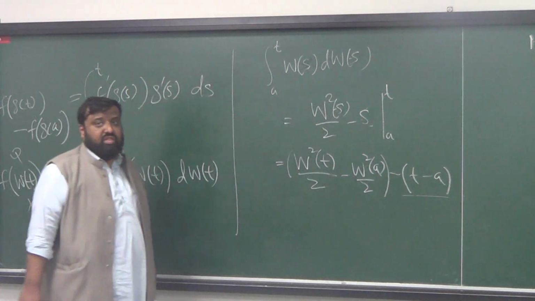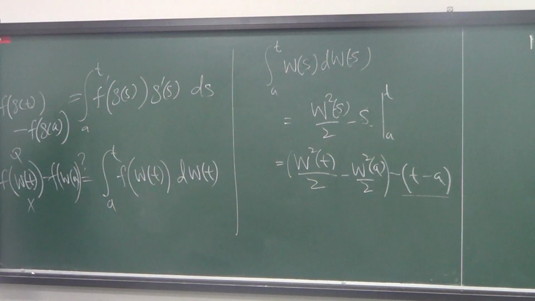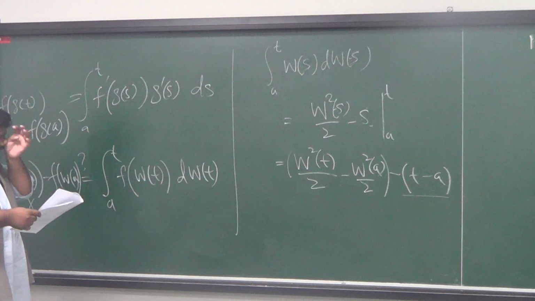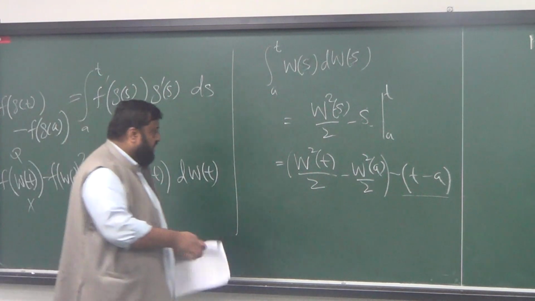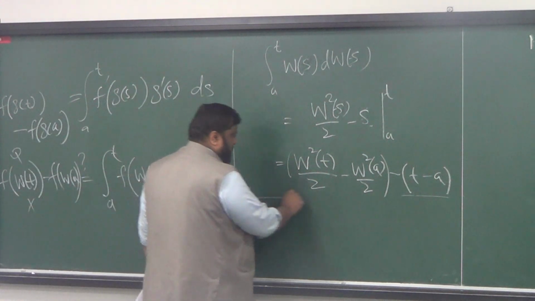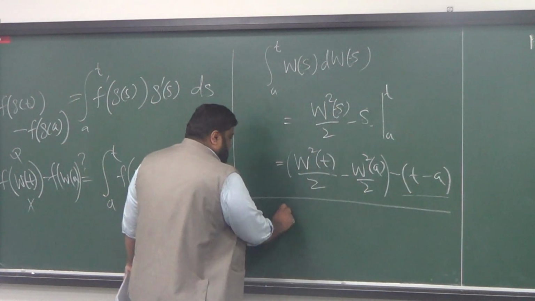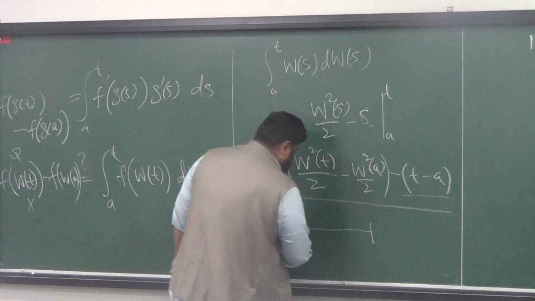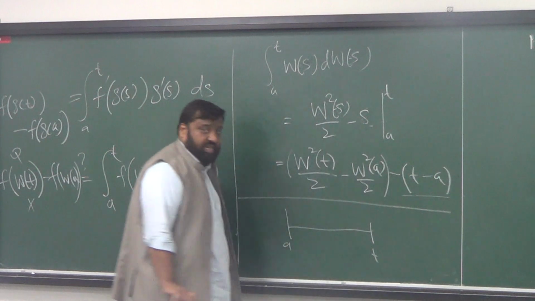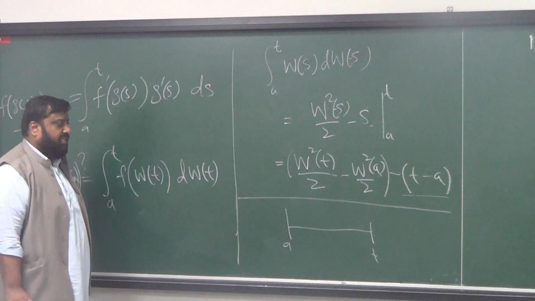The question is, if this is not true, then which statement is a true statement? Let's reflect and ponder over it. So imagine you have this interval a to t, with some arbitrary instant.